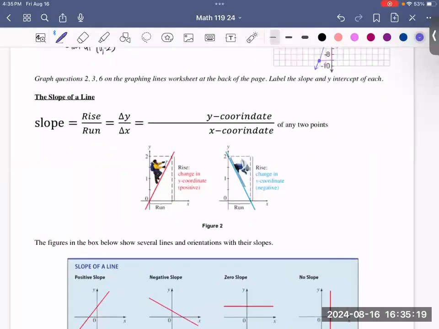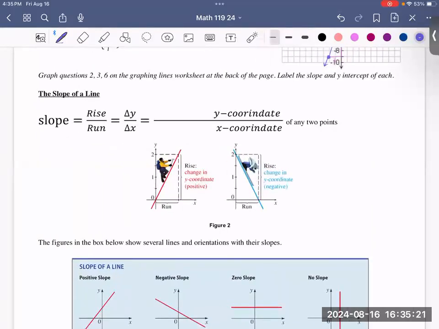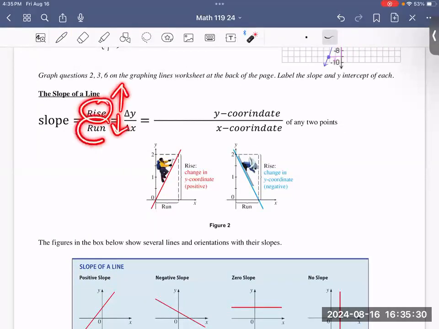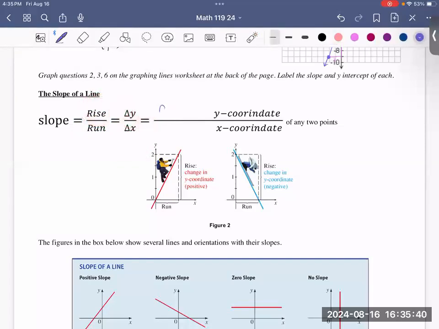Right, now let's focus in on the slope of your line. Your slope is referred to as your rise over your run, right? We talked about this value, we're either going up or down. And then the bottom one, we're going over. Now this comes from the change in your Y value. So rise, we're talking about the change in Y over the change in your X value.